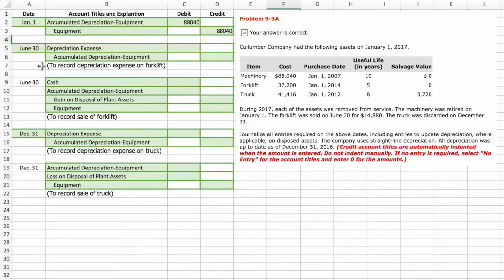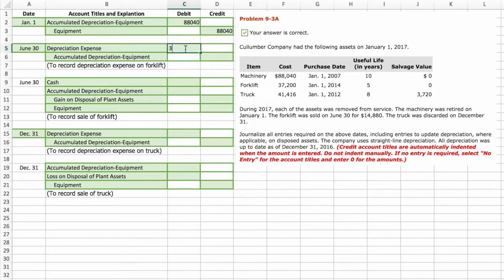That gives us a value of $7,440. Now, because we sold the forklift on June 30th of this year, we need to divide that $7,440 in half, since we only had it for half the year, and that gives us a value of $3,720. So that gives us our depreciation values.